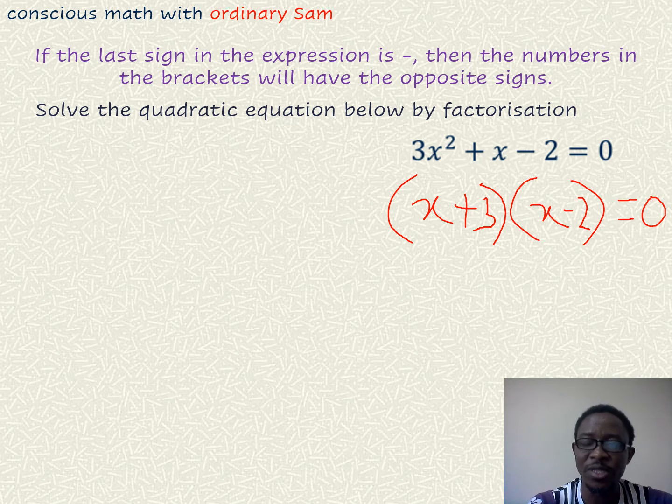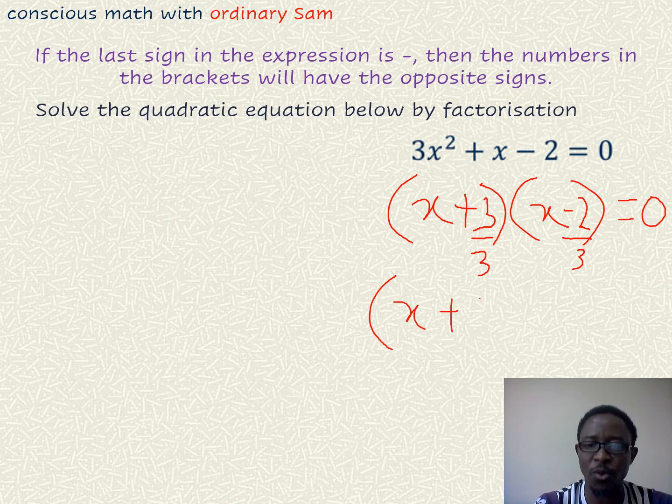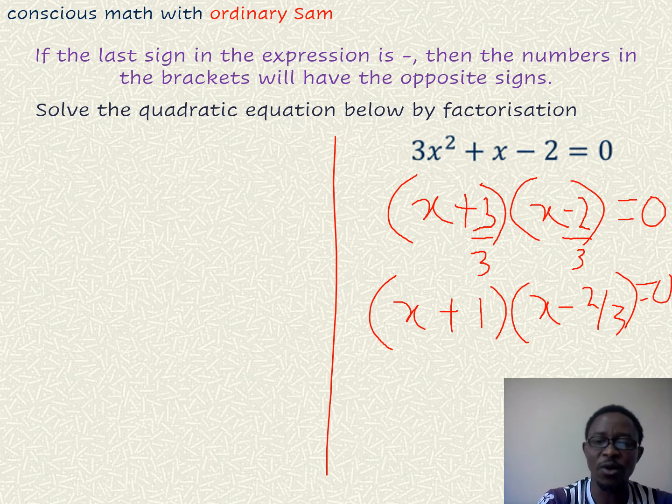Having done this, you take the first number and divide like we did the other time. Divide this way, so that next line becomes x plus 1 and x minus 2/3 equal to 0. Now we are solving for x. For two numbers to multiply and the answer is 0, at least one of them is 0.